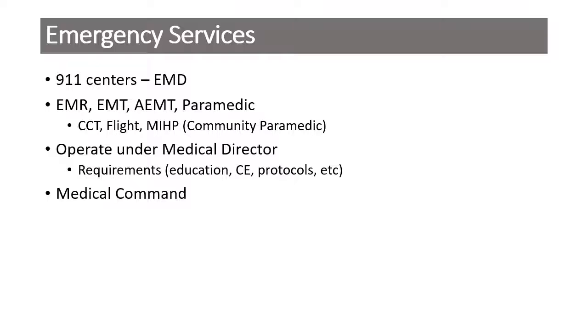Advanced EMT is a newer concept. It replaced the EMT Intermediate, which was taken out of the national scope around 2013. Basically, that's a midline step between an EMT and a paramedic. They're able to do a small amount of things, IVs, give a handful more medications, whereas the scope of EMT in West Virginia can do more than the national scope of an advanced EMT.